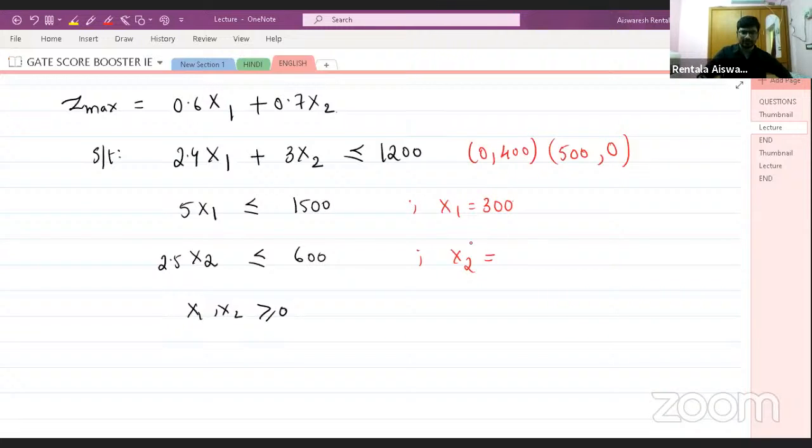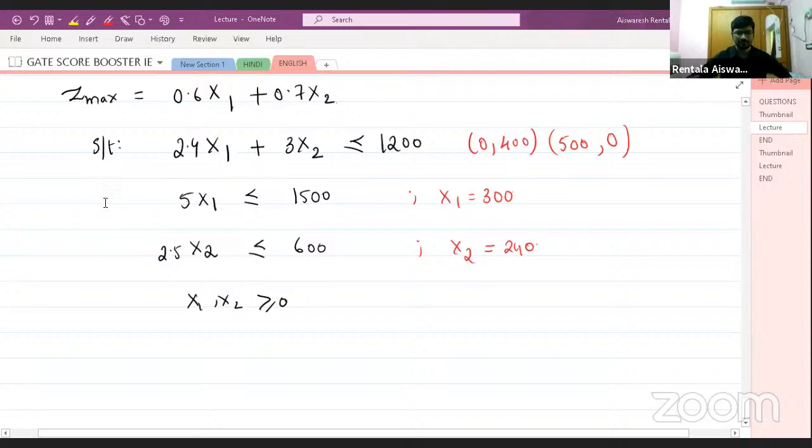Right, Sai Krishna, 240. So this is correct, right? 500 comma 0. I have just done the hand calculation, manually.